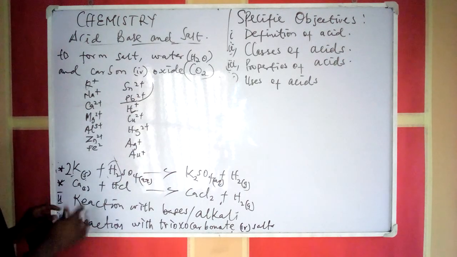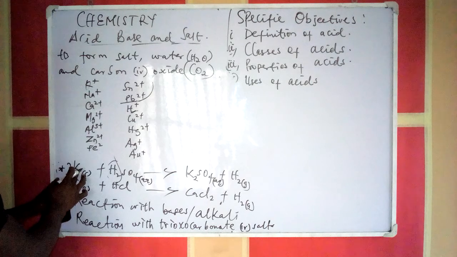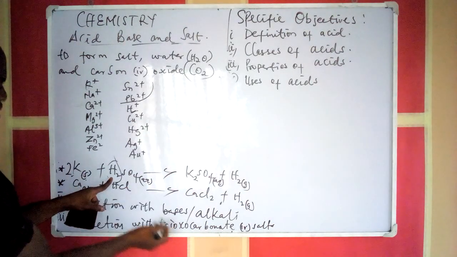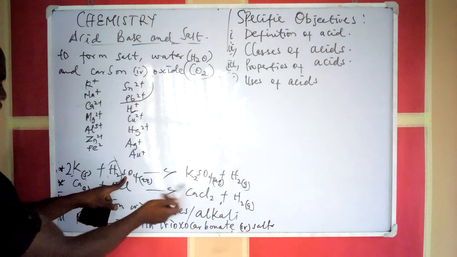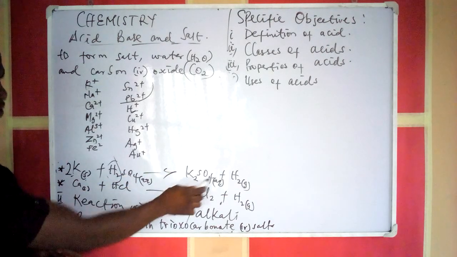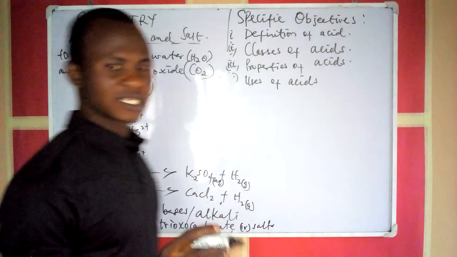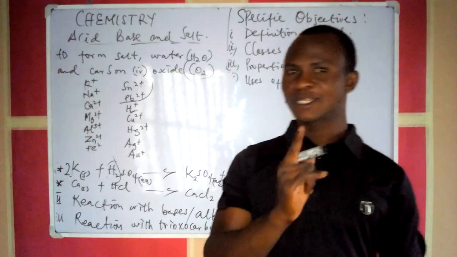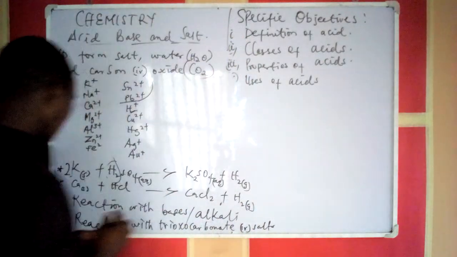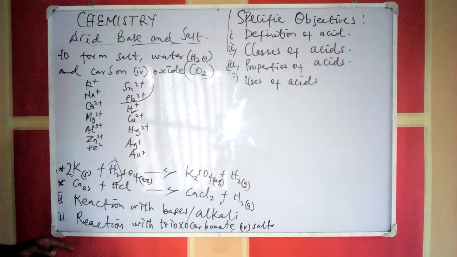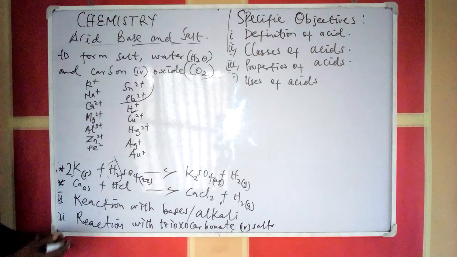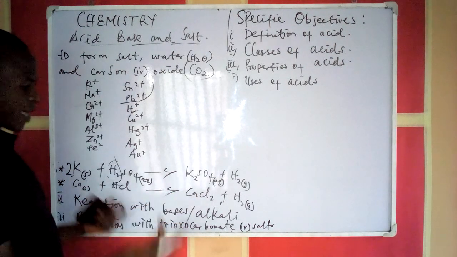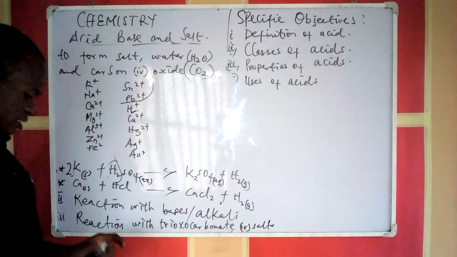Check it. Check the second one. We have two potassiums, two hydrogens, one sulfur, and four oxygens. Remember, it is an abomination to write an unbalanced chemical equation. Don't try doing that. Then we come to calcium and hydrochloric acid, where we have calcium chloride plus hydrogen gas.